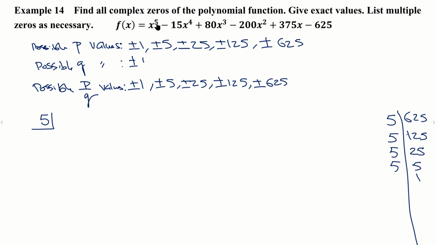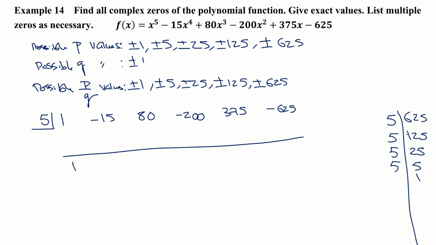And the coefficients here are 1. Are there any missing terms? No. So 1, and it is in descending. So 1, negative 15, 80, negative 200, 375, and negative 625. Okay?